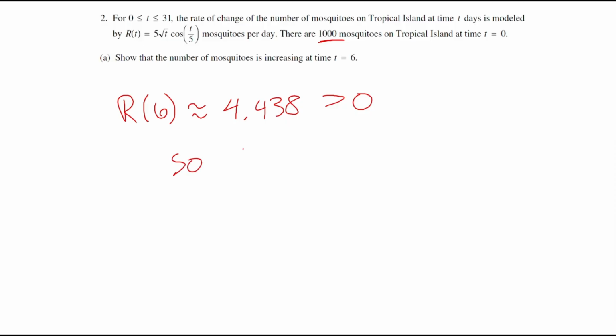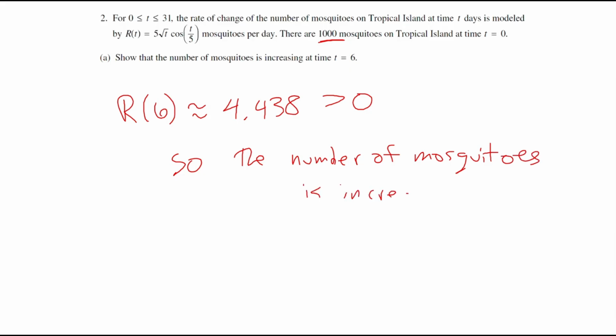So the number of mosquitoes is increasing. It's a positive rate of change, therefore it must be increasing. They gave you 1 point for showing that r of 6 was greater than 0 and saying increasing.